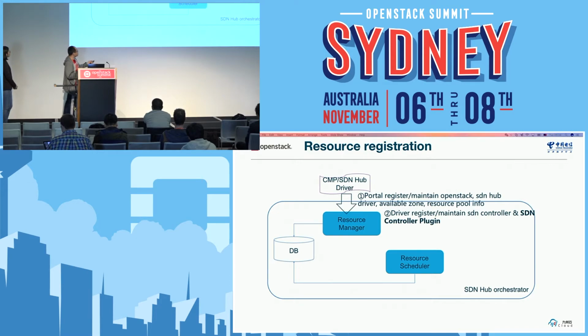Some system components, such as the SDN controller and SDN Hub driver, and even the Neutron SDN Hub plugin, will register themselves and their resources to the resource manager of the SDN orchestrator. Okay, this is the resource registration and management process.